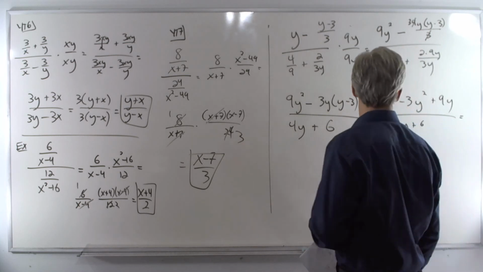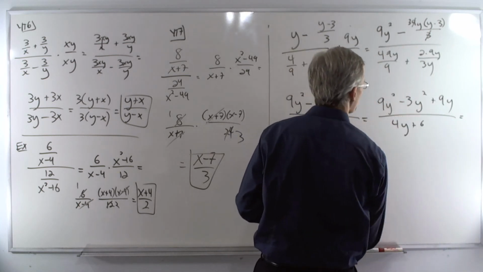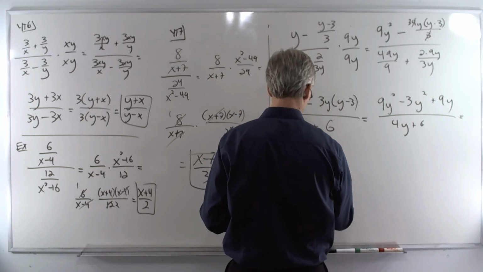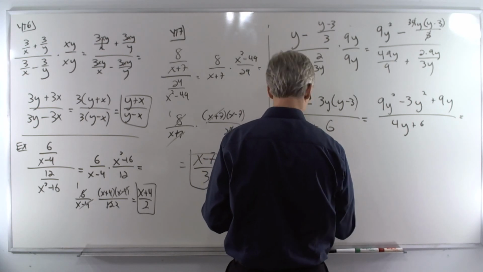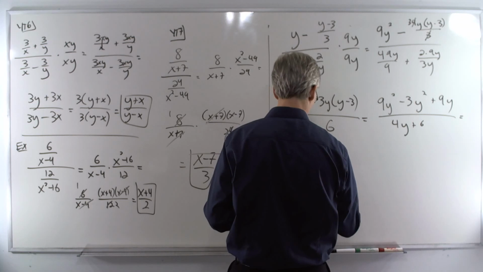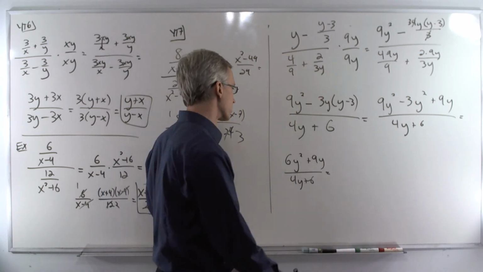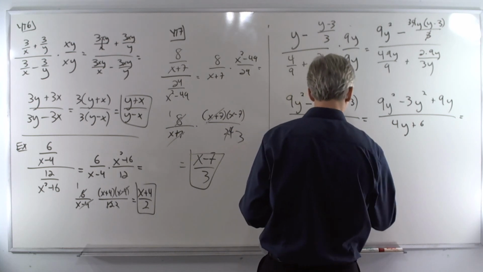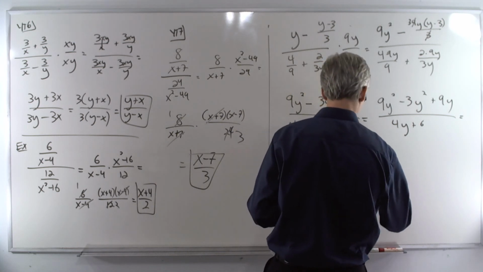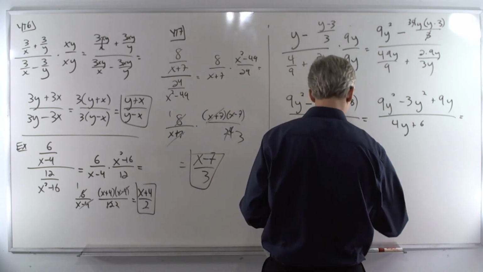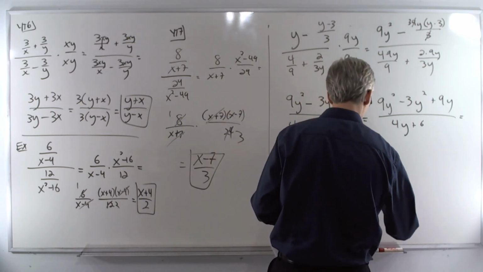All right, let's consolidate here. 9y squared minus 3y squared is 6y squared. Now let's factor and see if we can simplify it all. So I'm going to pull out a 3y, get 2y plus 3, and here I can factor out a 2, and get 2y plus 3.